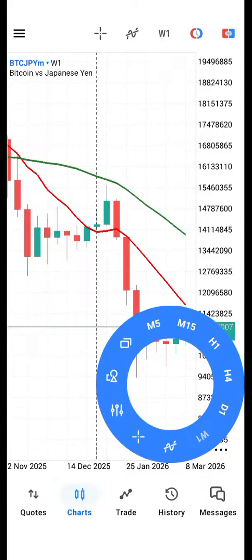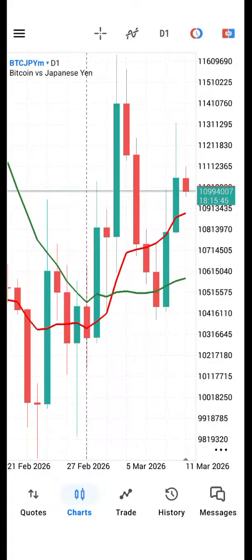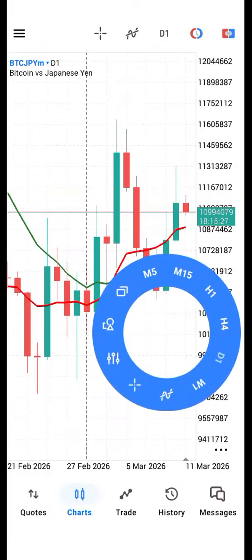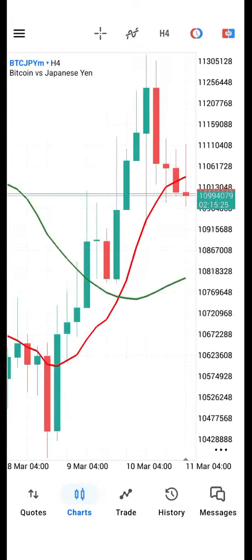Just to remind you, we are selling, but the last one is trying to move up. The 1 day is telling me that we were buying, and today it is trying to sell. I'll be more interested to sell BTC JPY than to buy.